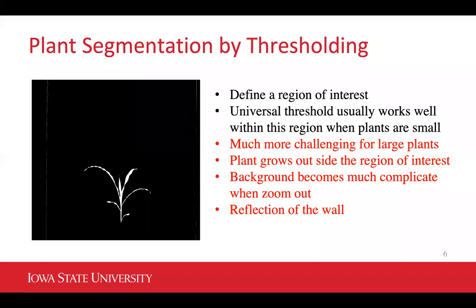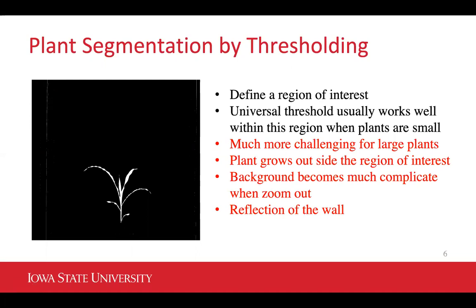There are some challenges with this approach. First of all, when the background gets more noisy, or when the plant gets bigger so that we have to include more background, using a universal threshold may not work very well. As you can see, even for this simple case, we have a strip of noise on the left side from the thresholding.